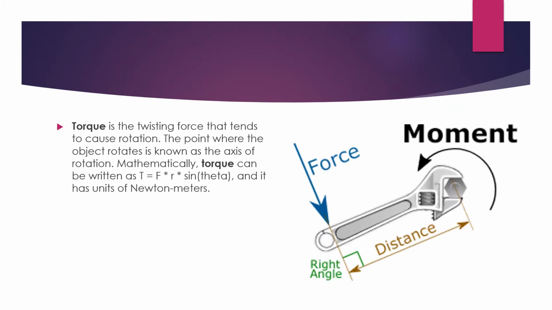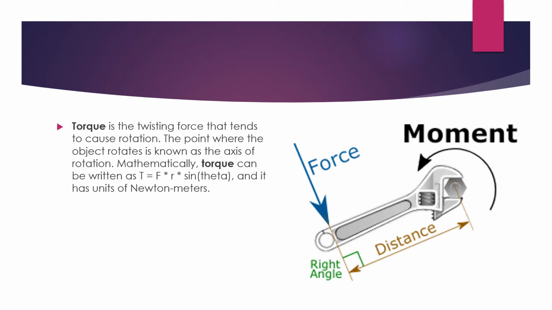There is an example. If you are applying a force, it causes a movement, so the distance is very important. Torque is a twisting force that tends to cause rotation in any kind of object.